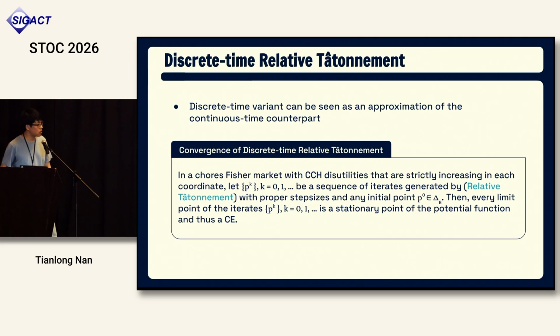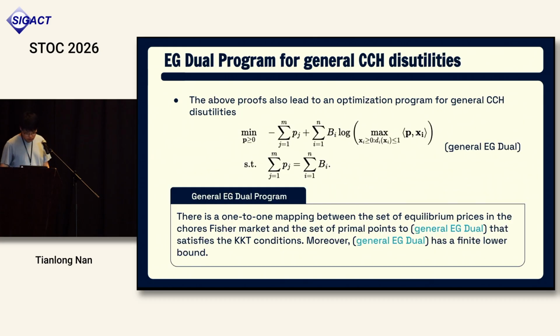By setting some proper step sizes, the convergence of the discrete-time relative tâtonnement can also be shown. The proof also leads to an optimization program for general CCH disutilities, which is of more general interest for developing more optimization algorithms. This program was also proposed in the first speaker's paper.